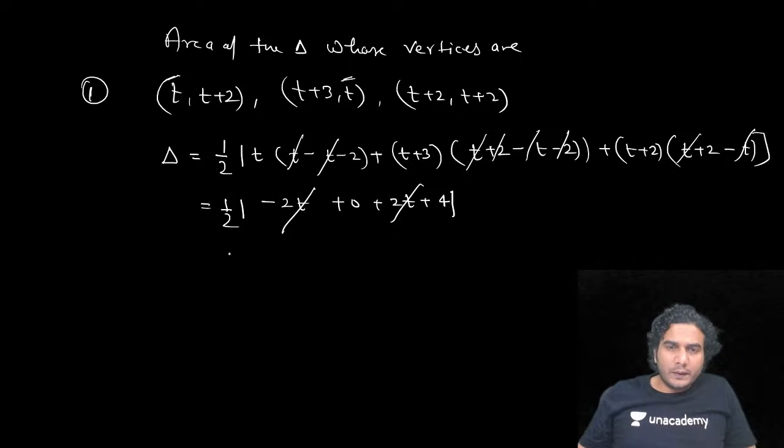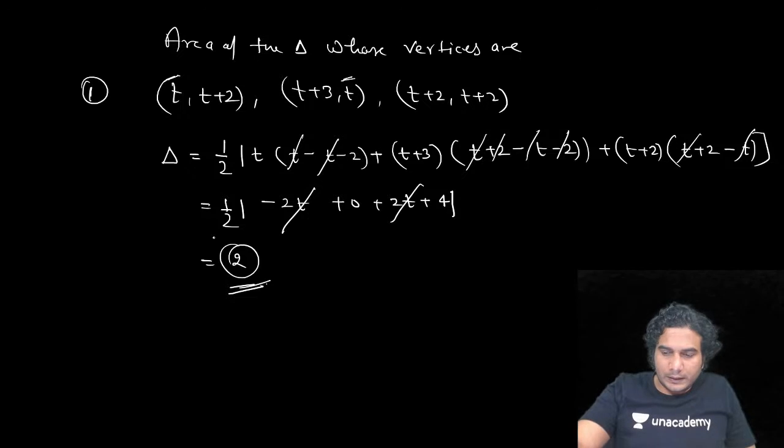This 2t and 2t will get cancelled. It is going to be 4 by 2, which is 2. Now that is the answer.